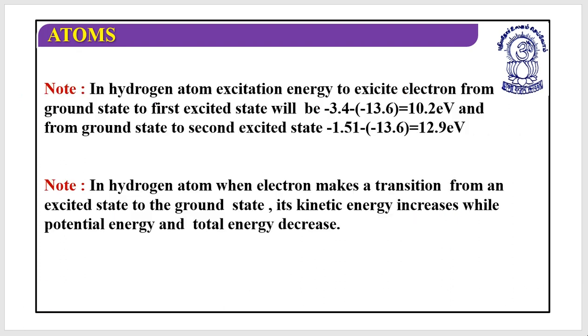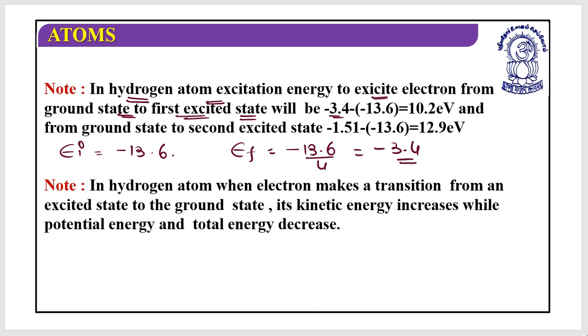Great. So in the hydrogen atom, the excitation energy to excite an electron from the ground state to the first excited state will be: when I say it's the ground state, E initial is minus 13.6. To the first excited state, n equals 2, it's minus 13.6 by 4, which is minus 3.4. So the excitation energy is minus 3.4 minus (minus 13.6), which equals plus 10.2 eV.